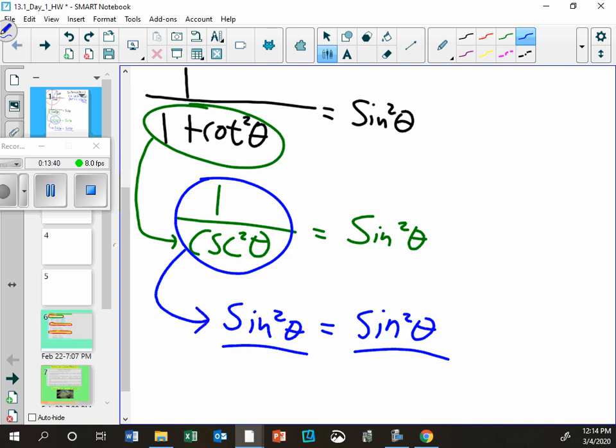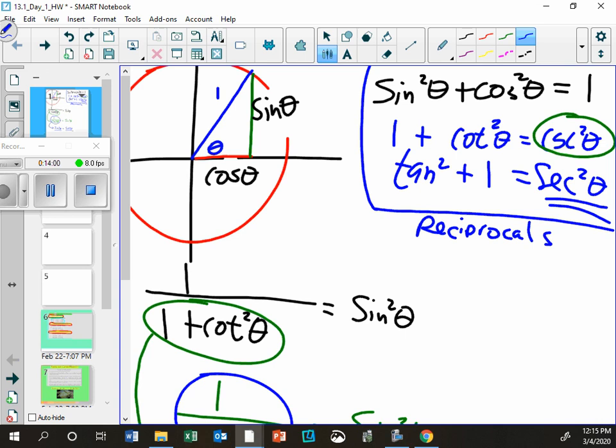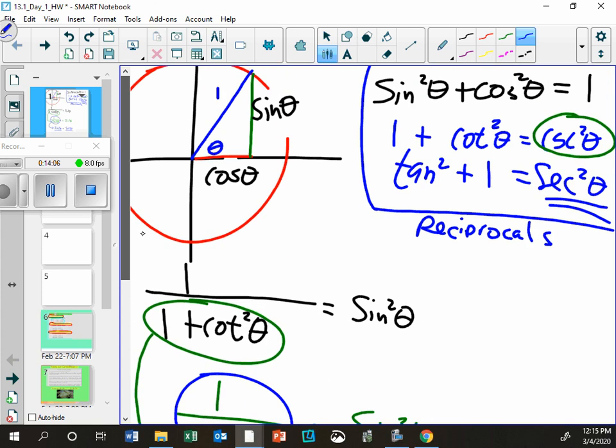So now, I gave you a starter list of facts right there. And if you want to label those, they're called the Pythagoreans. The next little set here is going to be called the reciprocals. And those are ones we've already talked about, and I just used one a second ago. 1 over cosecant, that's sine. But I'm going to give you a nice clean list of the reciprocals.